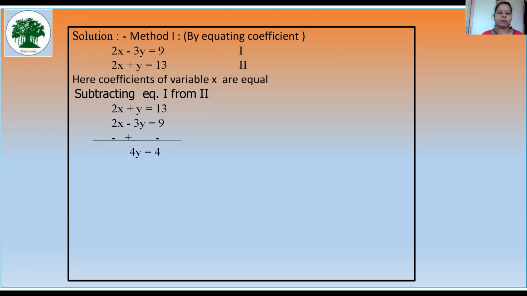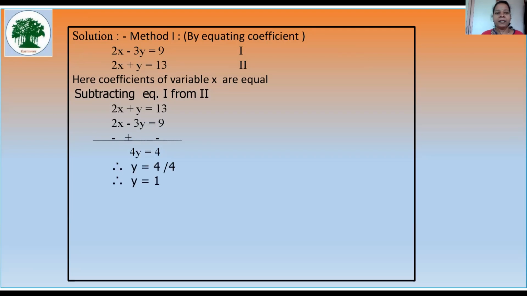2x plus y is equal to 13 minus 2x minus 3y is equal to 9. We change the signs: 2x as negative, minus 3y as positive, 9 as negative. We get a one variable equation, 4y is equal to 4. If we divide both sides by 4, we get y is equal to 1.